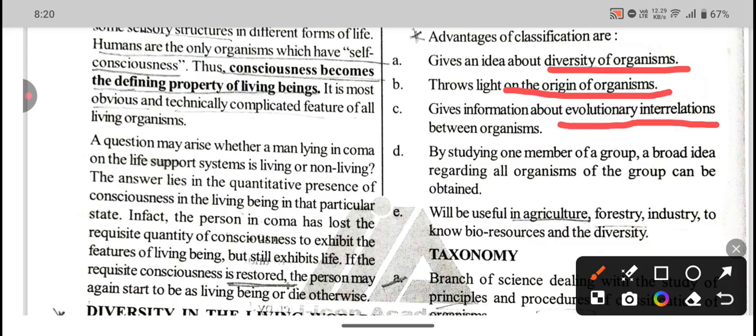By studying one member of a group, a broad idea regarding all organisms of the group can be obtained. It is useful in every field like agriculture, forestry, industry, to know bioresources and diversity.